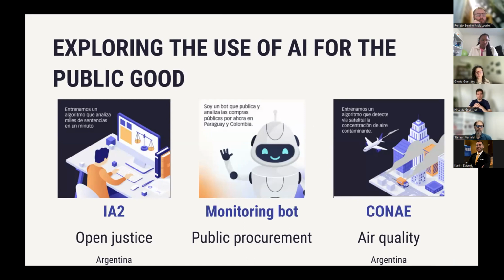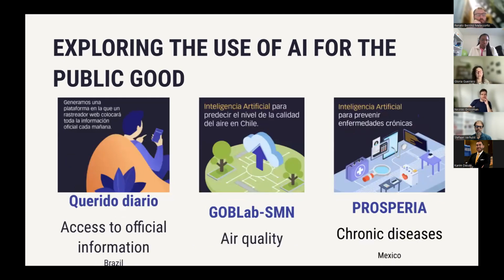So we had projects related to open justice, public procurement, air quality, and also in Argentina, a project that was measuring air quality in real time. Also some projects in Brazil connected with access to information to try to counter the impact of fake news and misinformation. This specific project, Querido Diario, has been selected as part of the forum for the Nobel Prize as an innovative practice and project for civil society to counter fake news and hate speech.